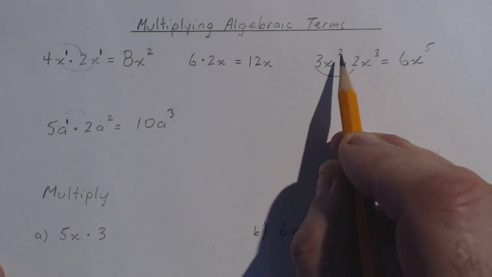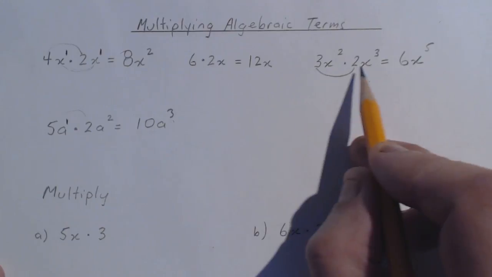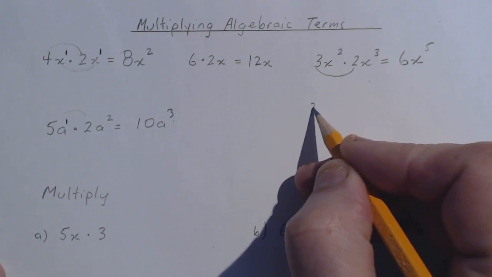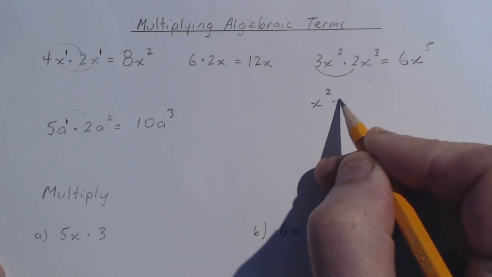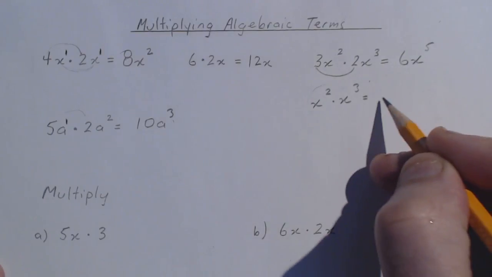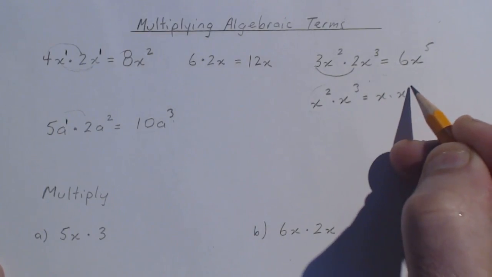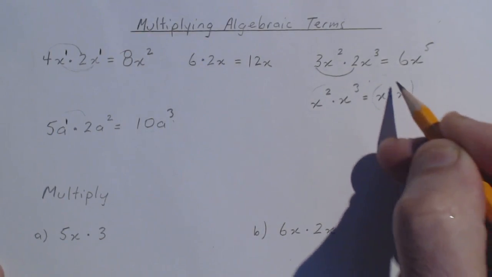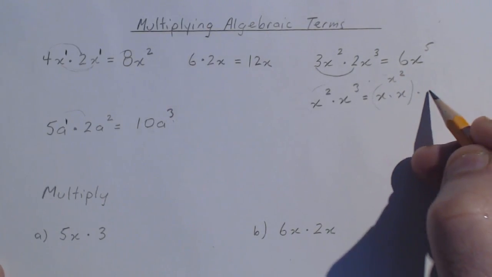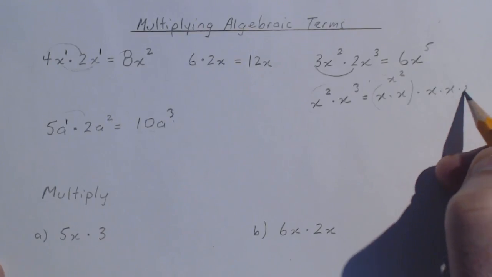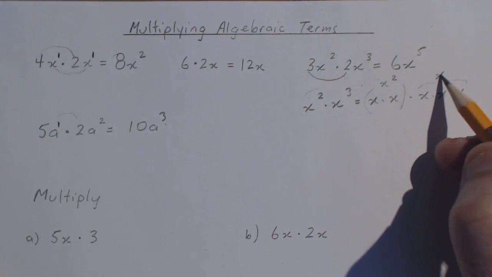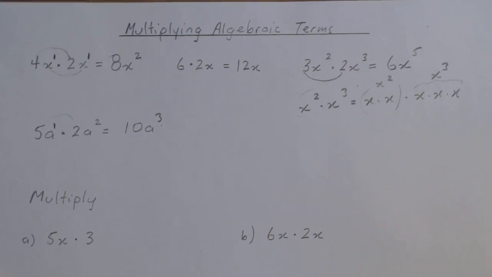For example, let's just isolate this x squared and the x to the power of 3. So if I go x squared times x to the power of 3, I've got two x's there, x times x. Now that represents x squared. And then I have now times x times x times x. There are 3 x's there, so that represents x to the power of 3.